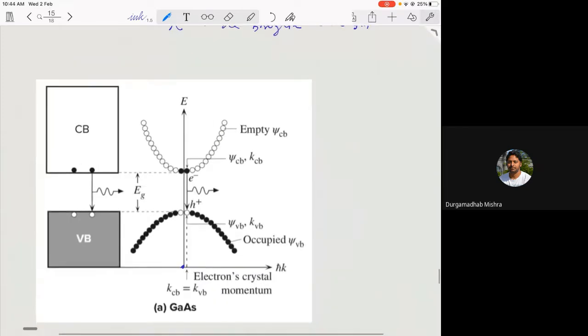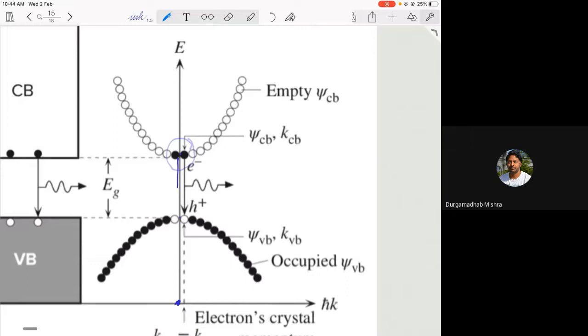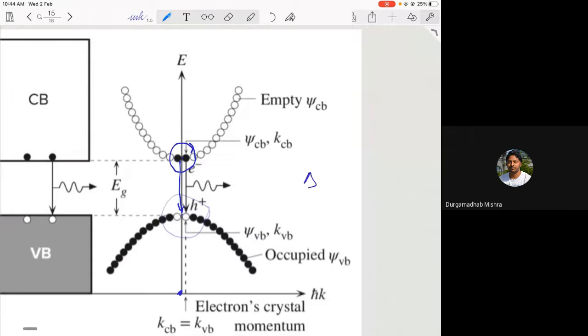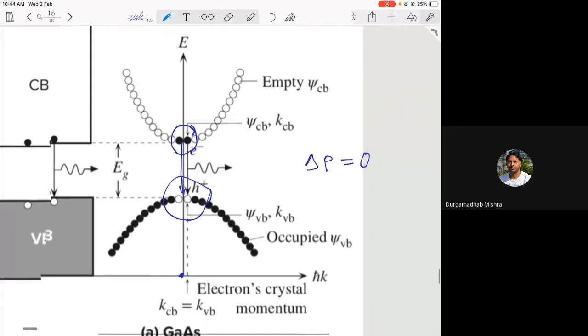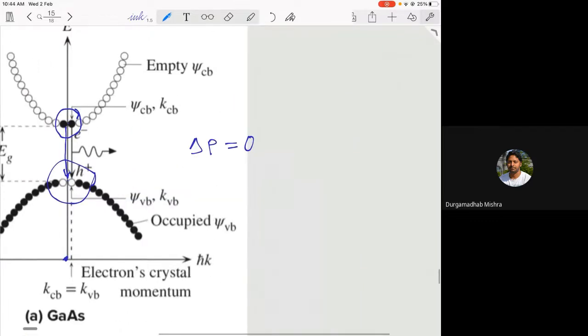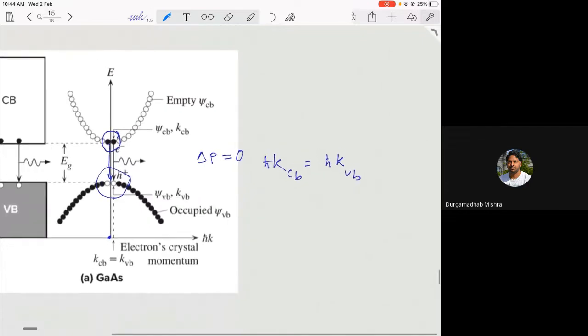So in this case, your delta P is equal to 0. There is no change in momentum. It is happening at exactly the same k value. In other words, h cross k CB of the electron is equal to h cross k VB of the electron. So the momentum is conserved.